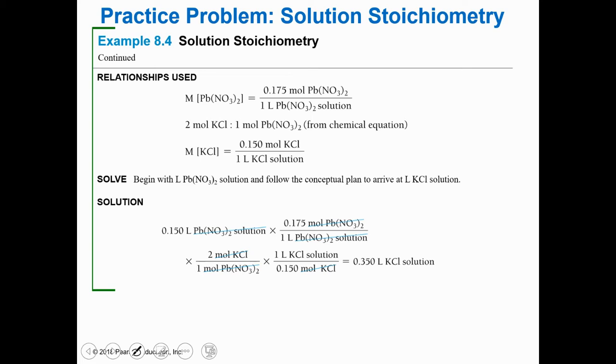We're going to go from liters of lead nitrate to moles of lead nitrate using the molarity, so my liters cancel. Once I'm in moles of lead nitrate, I can go to moles of potassium chloride using that mole to mole ratio. And then from there, I can use the molarity of the potassium chloride to get to the liters of potassium chloride. And I should end up with 0.350 liters.